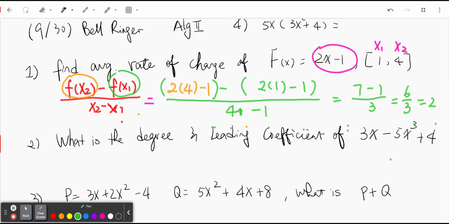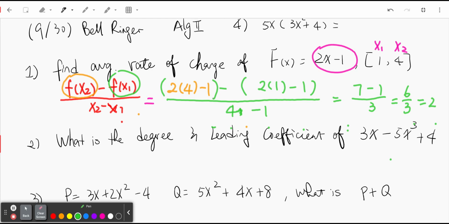Second question, what is the degree and leading coefficient of 2x minus 3x cubed plus 4? First of all, in the video I posted last class, I talked about the standard form of the expression. Is the question in the standard form? What is standard form? That's right.